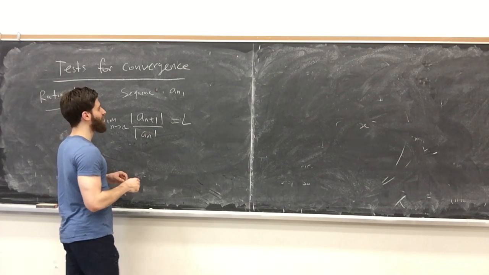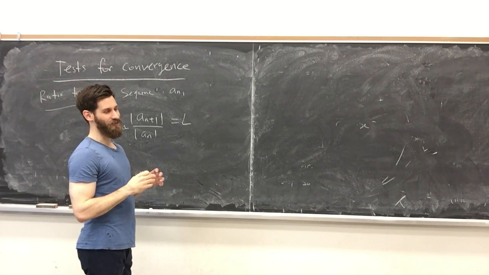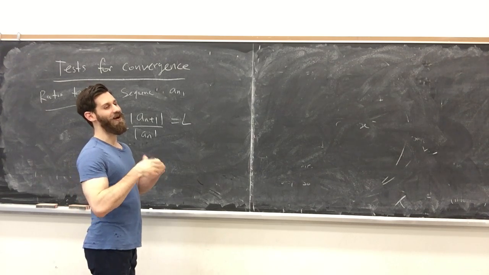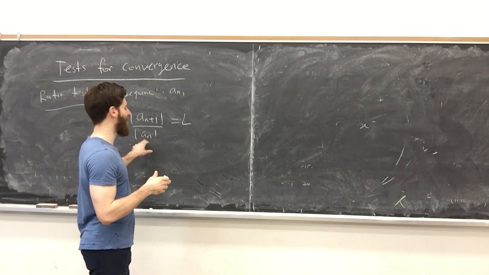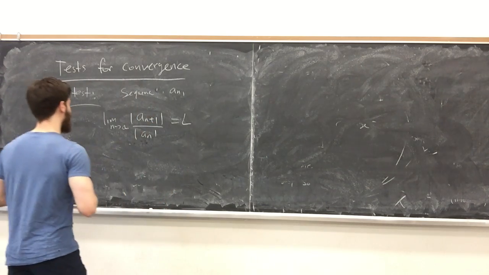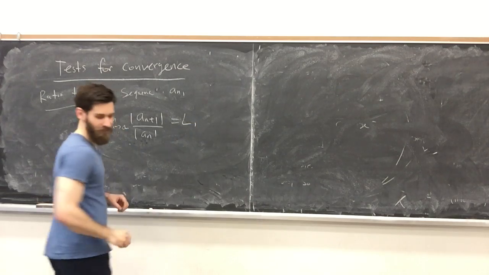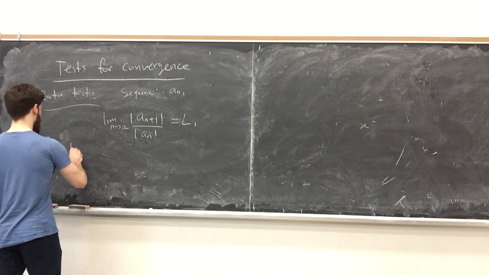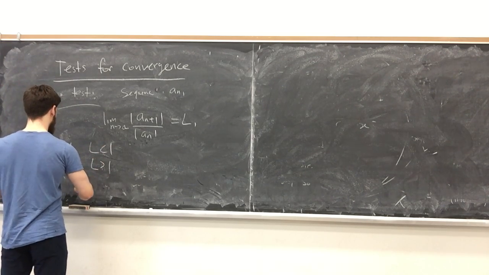So you should only consider sequences which, well, you need to be able to divide. So eventually for a big enough n, a_n can't be 0, but let me just brush that aside. So suppose this limit is equal to L, then there are three possibilities. Either 1, L is less than 1. 2, L is bigger than 1. 3, L is equal to 1.